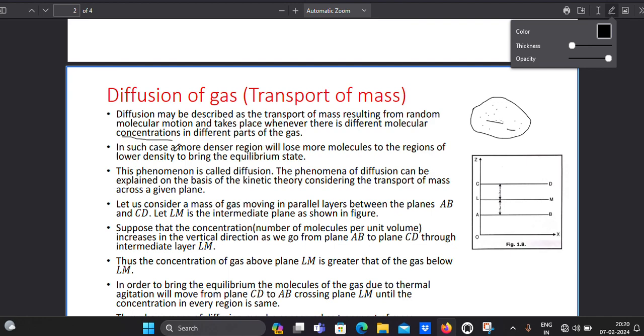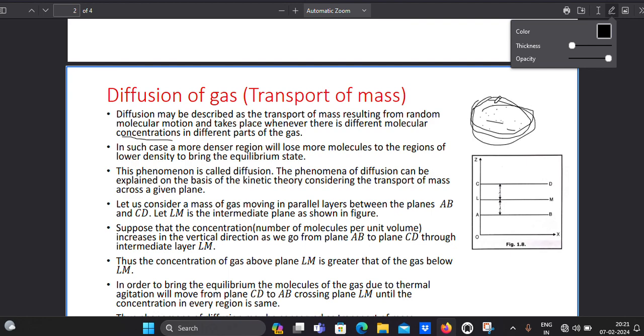In such a case, a more dense region will lose more molecules to a region of lower density to bring it to an equilibrium state. Here, the region which has a high molecular density, or a high concentration.